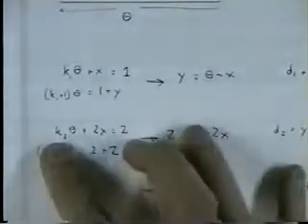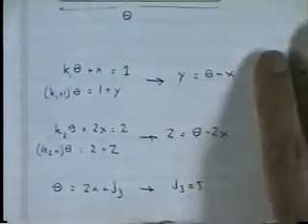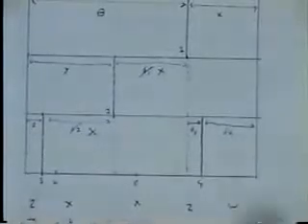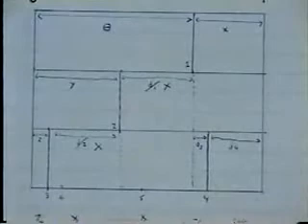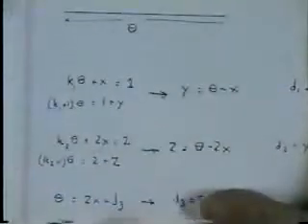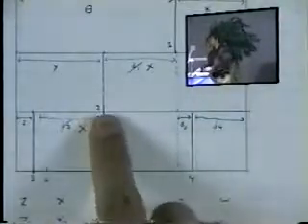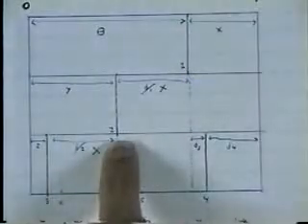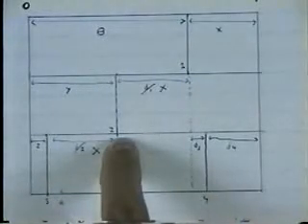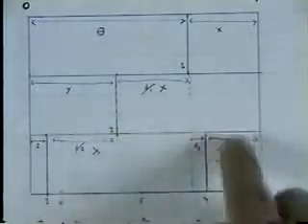Okay? What do I actually know? By definition, let's just go back to the last one before this. I'm going to say that 1 is going to be equal to k1 times theta, in this case k1 is 2, plus 2x.